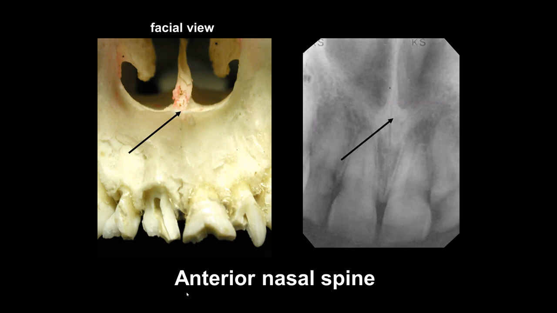The anterior nasal spine is seen as a V-shaped radio opacity. So between the central incisors in the periapical region, you can see a V-shaped radio opacity or a rhomboid-shaped radio opacity, which indicates the anterior nasal spine.